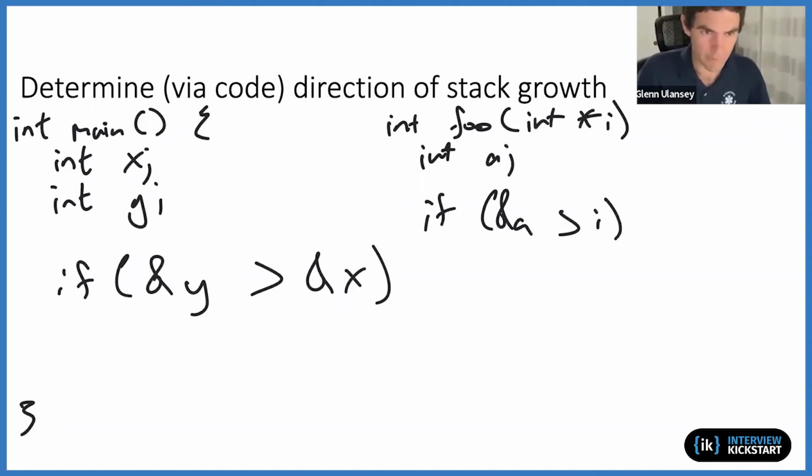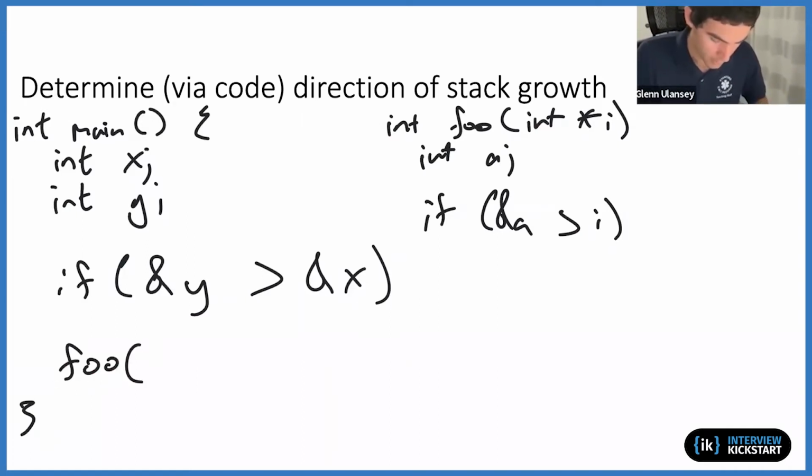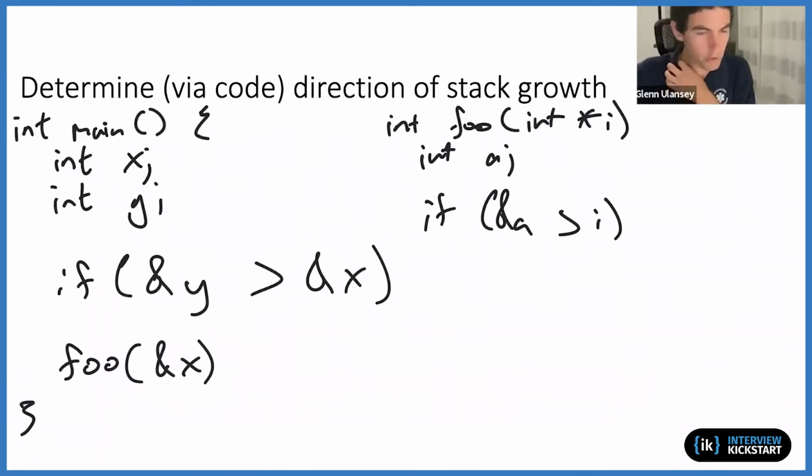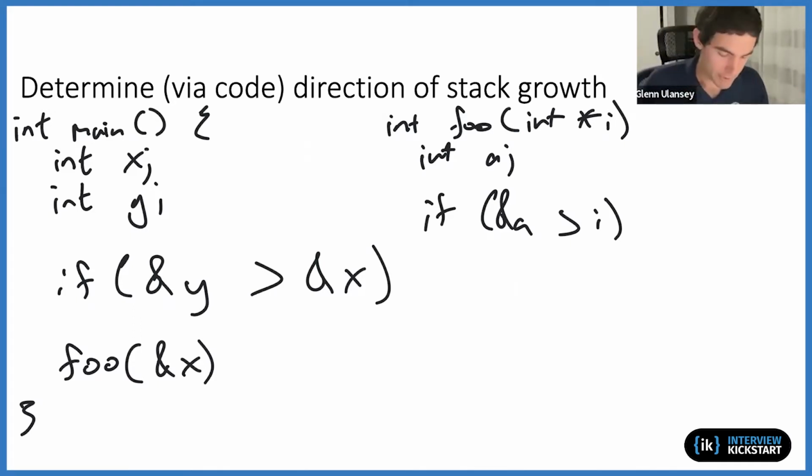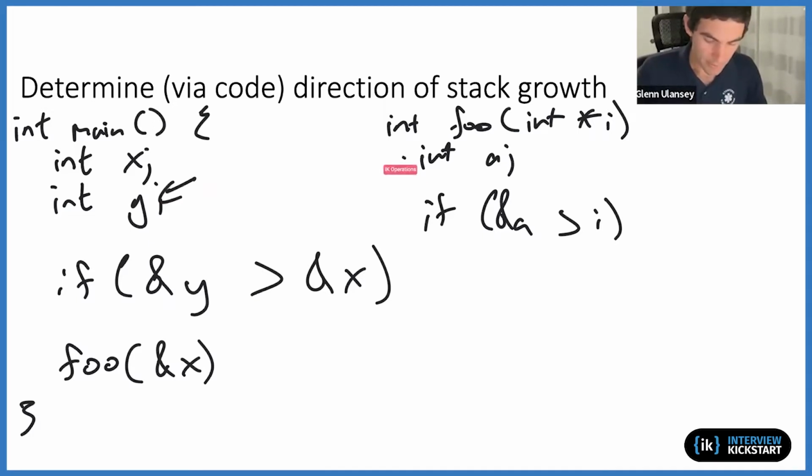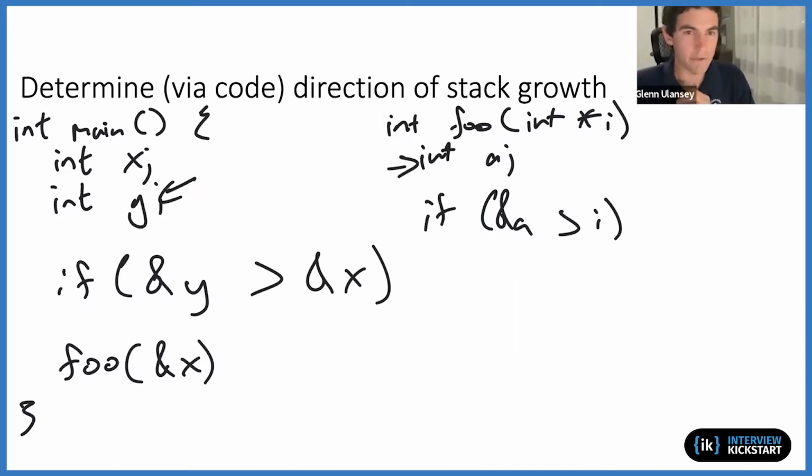Then within main you would call foo with address of x, with the hope that when you call another function, the stack pointer would be adjusted as you'd normally expect, and then we can compare the address of a local variable allocated in main to the address of a local variable allocated in the other function.